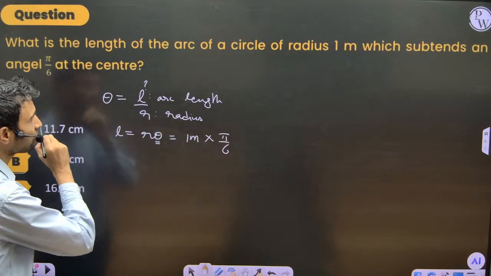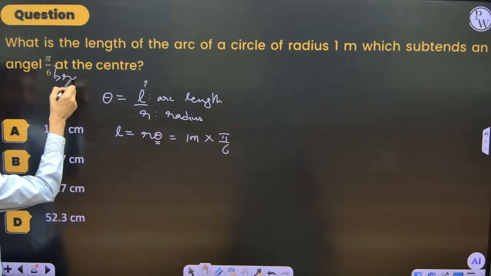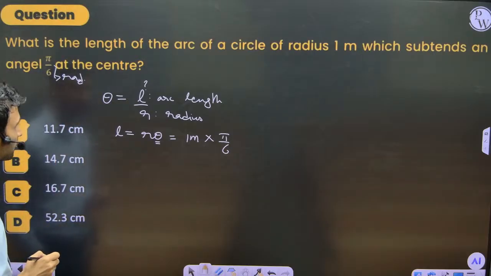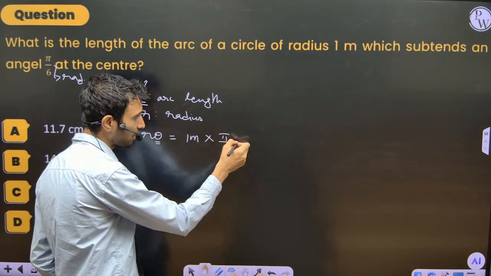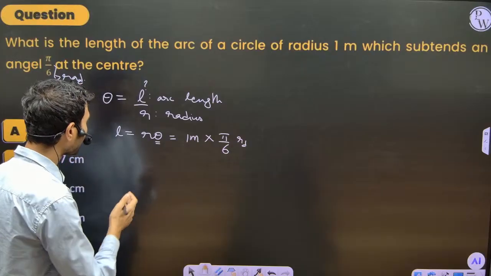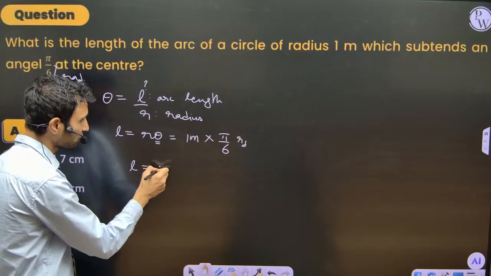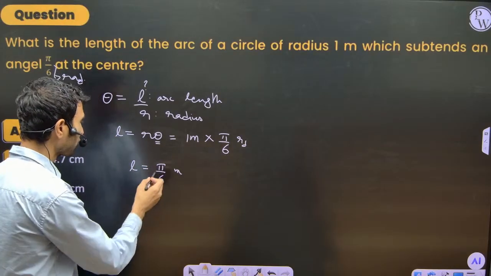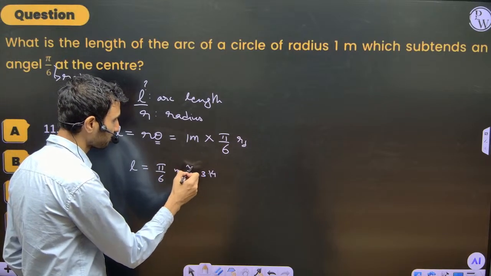And you see, they just mentioned pi by 6, but actually the unit should have been there. When pi is there, of course, it implies that they have given it in terms of radians. So it's actually pi by 6 radian. And then what is the length? It is pi by 6 meter. And the value of pi, as you know, is 3.14.